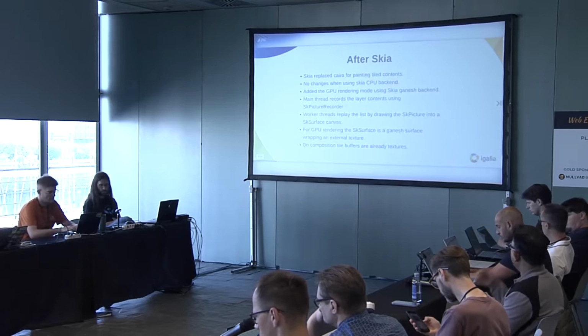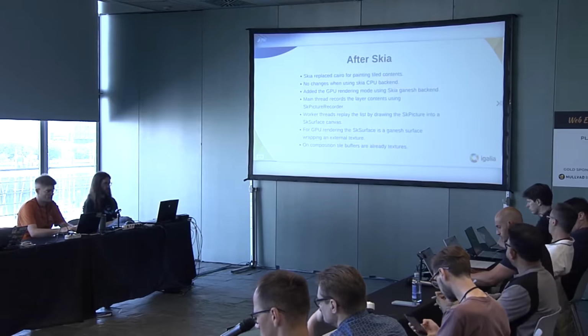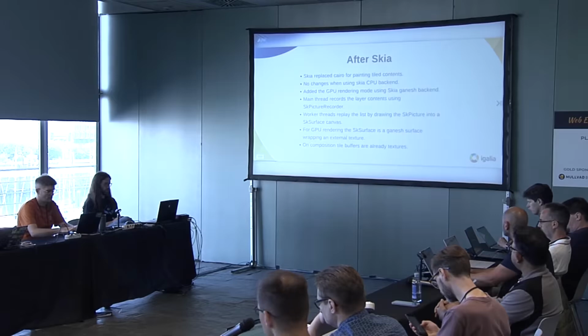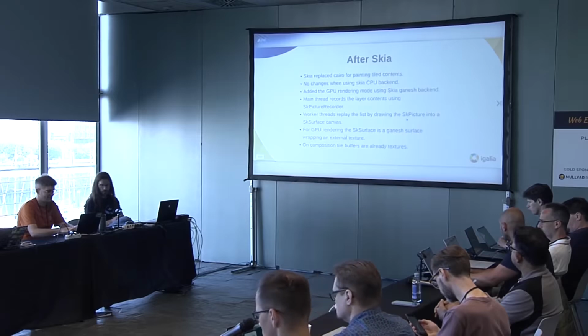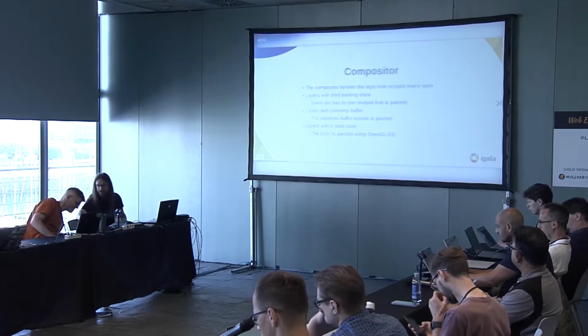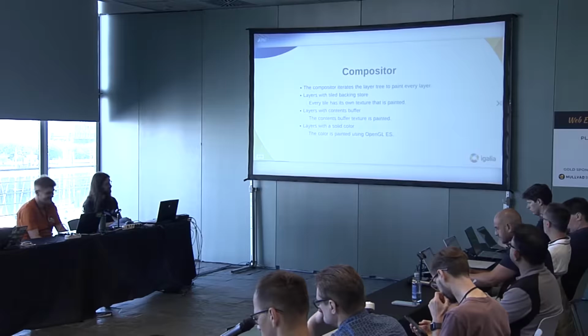So in composition, those tile buffers are already textures that were produced in the workers. So it was more or less replacing Cairo with Skia, but keeping the same model. In the compositor, we didn't change anything.